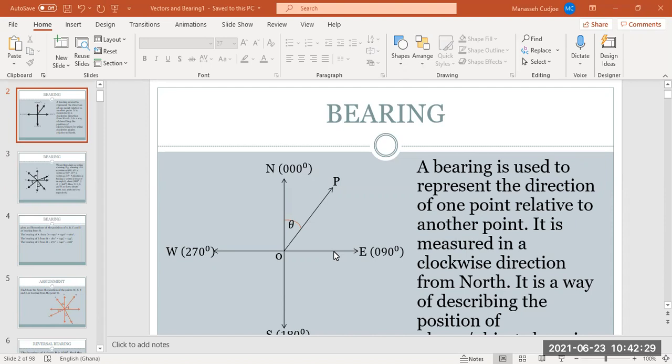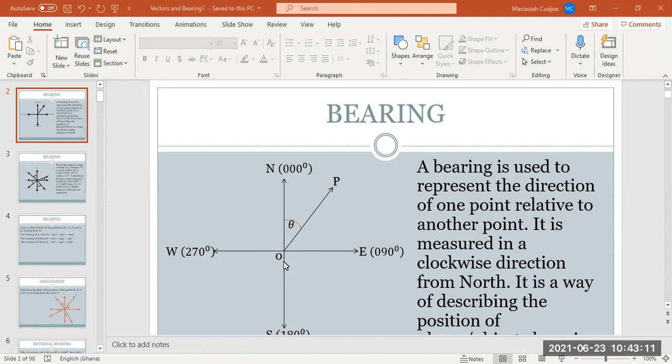So I want to find the bearing of Accra from Kumasi. Assuming this is Kumasi and this is Accra, the important aspect is that you have to go to a starting point, Kumasi, so that I'll have my cardinal point to help me know my direction.